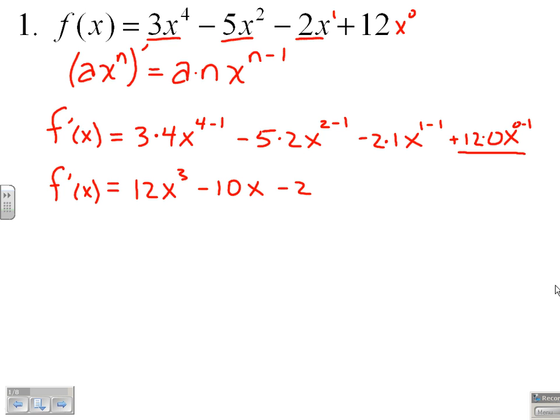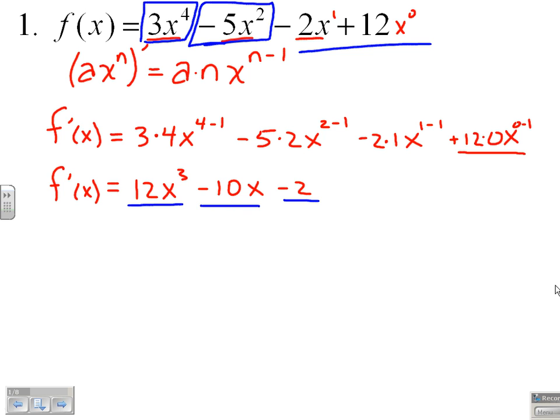Now, as we're doing this, there's a much easier way to arrive at this minus 2 than to go through this whole thought process up here, making it 2x to the first, x to the 0th. We need to remember a derivative is just a slope formula. So I'm trying to find the slope of this, and I say, I guess the slope of that is 12x cubed. Then I'm trying to find the slope of negative 5x squared.